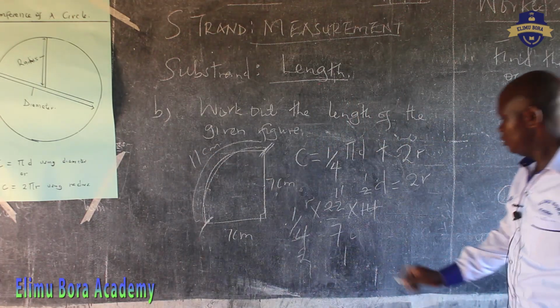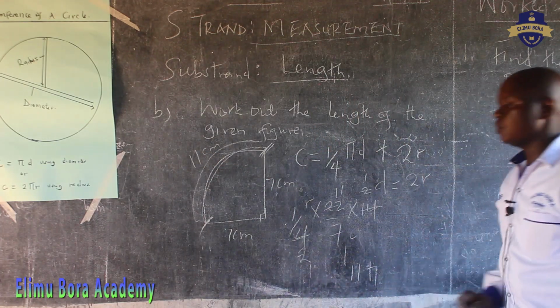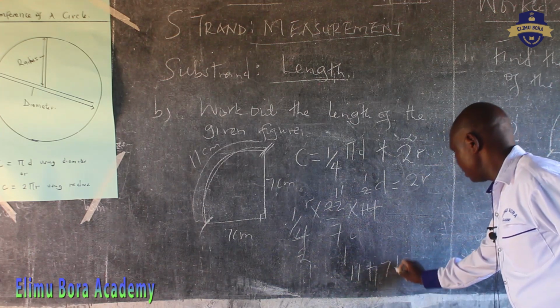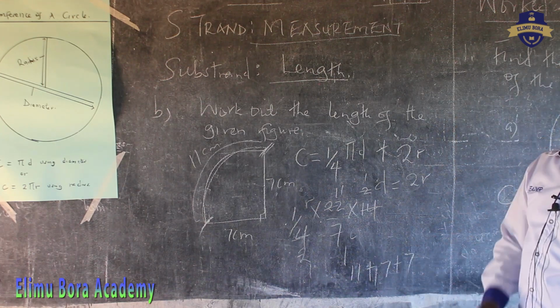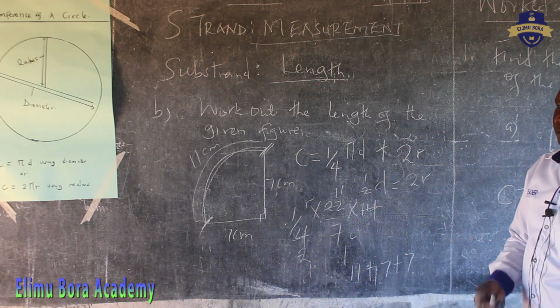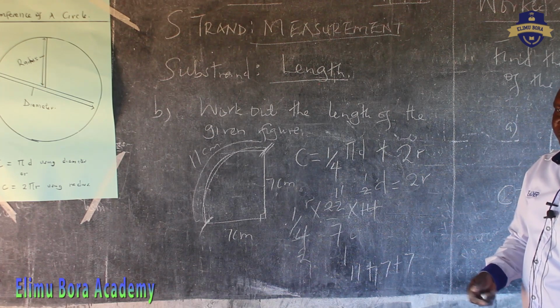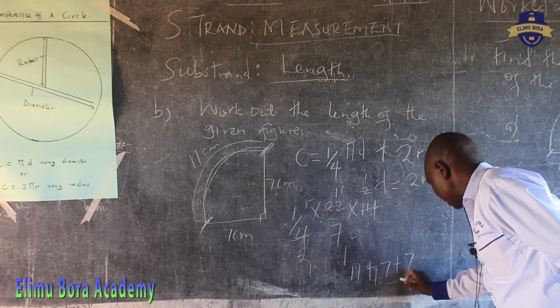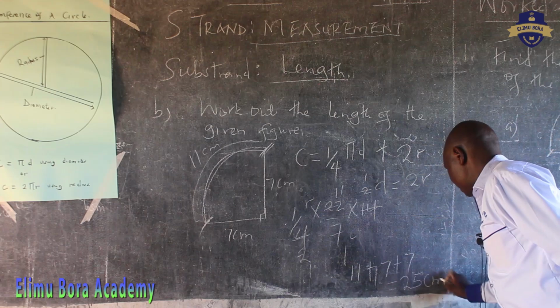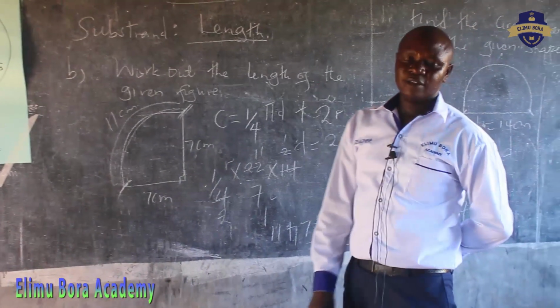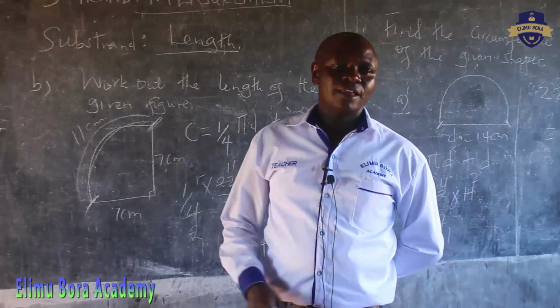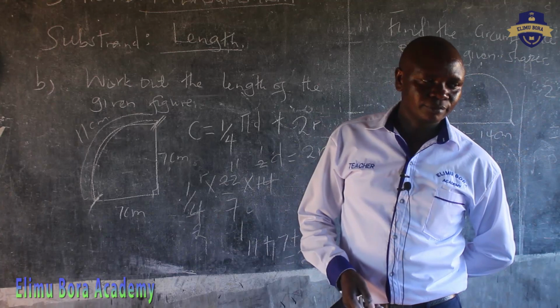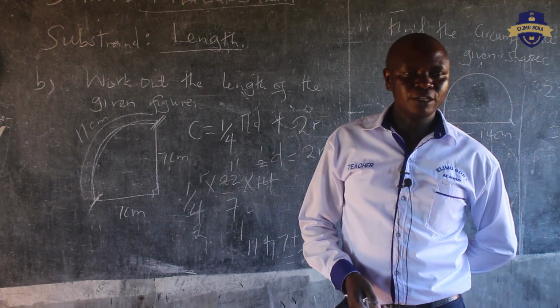So lastly, you take 11 plus the 2 radius, plus 7 plus 7. 11 plus 14. So the circumference is 25 centimeter. Any question? Have you understood?